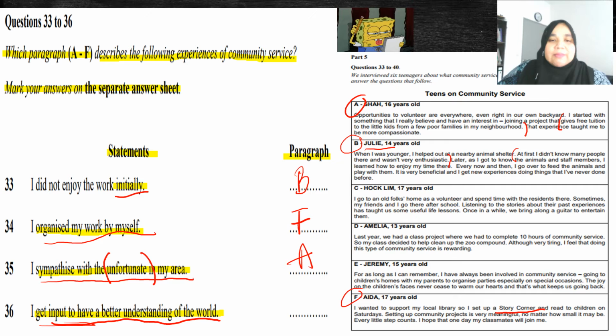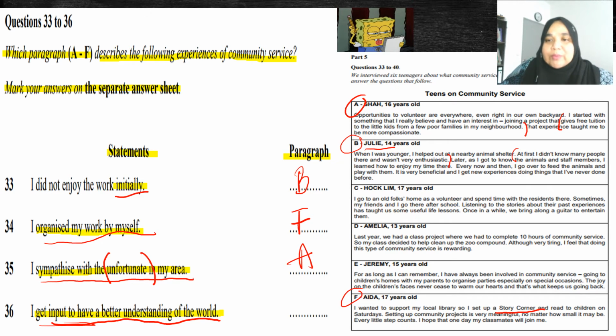Now number 36. I get input to have a better understanding of the world. Input here is something that you fill in, so you learn something, a lesson, under better understanding of the world. Let's see C, D, E, and F. I saw something from Hotling, 17 years old.